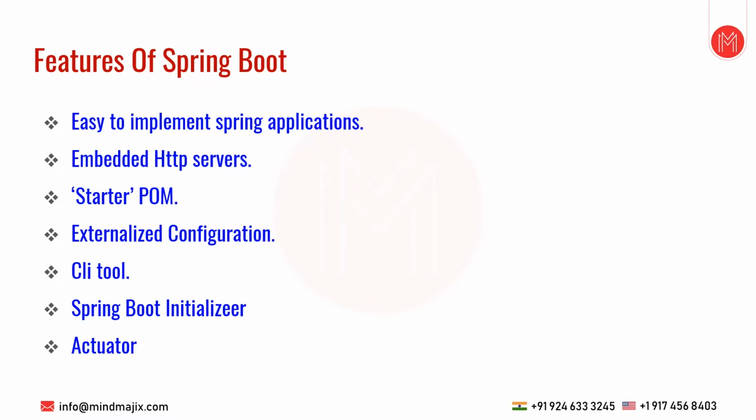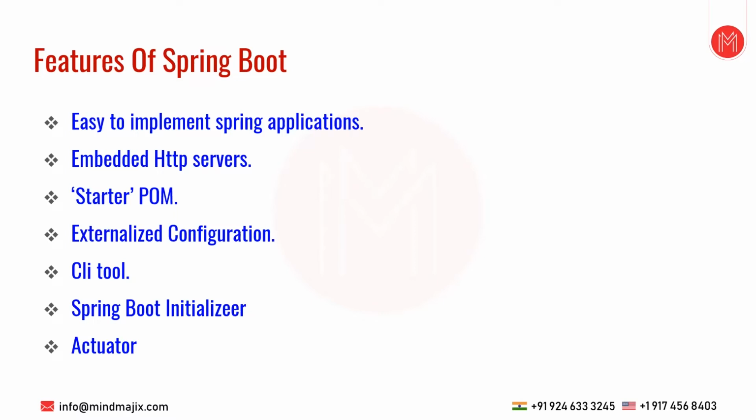For example, if you are implementing a Spring Boot web application, then you just need to add only one dependency, that is the web dependency. Or if you're trying to work with any ORM tools, then you just need to add a JPA dependency. Or in case you want to provide security, then you just need to add the security starter dependency.